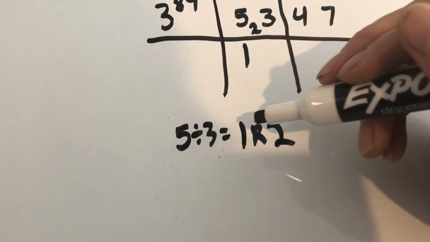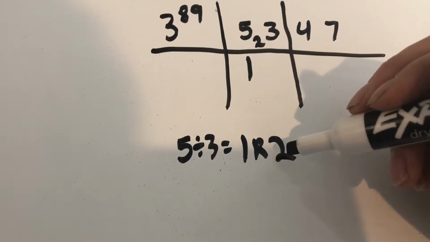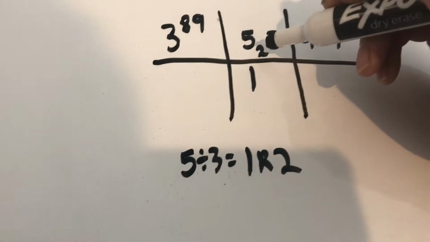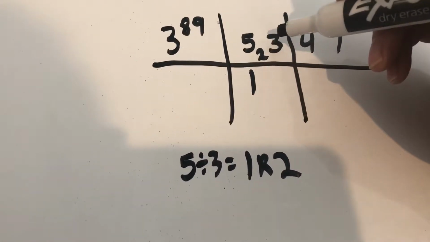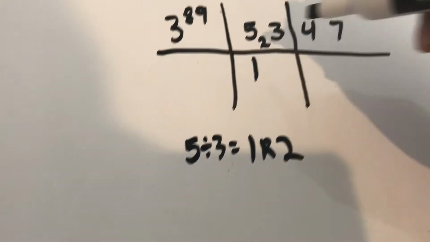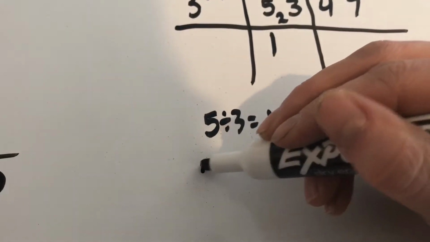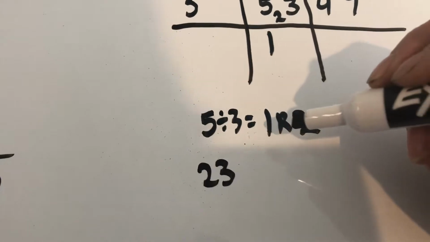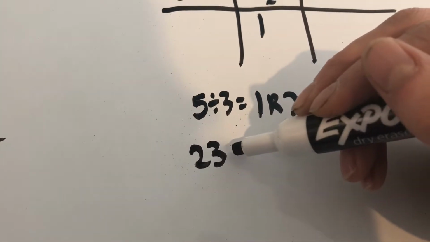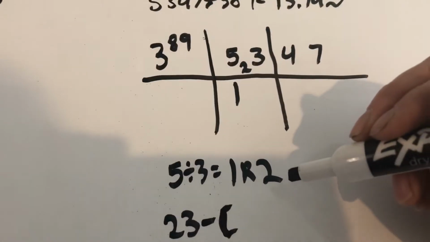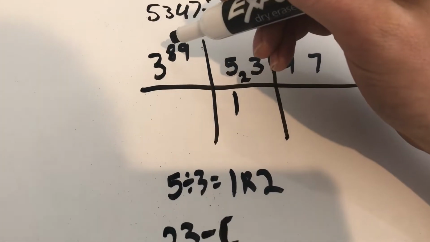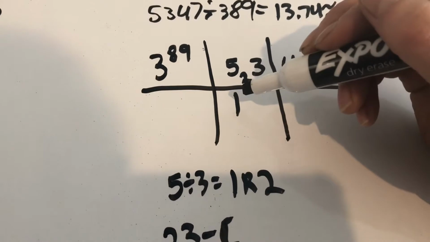So 5 divided by 3 equals 1 remainder 2. So we'll put 2 right here. And we prefix the 2 to the 3, making it 23. So we write 23 right here. Then we subtract from 23 the first flag, 8, times the first quotient, 1.